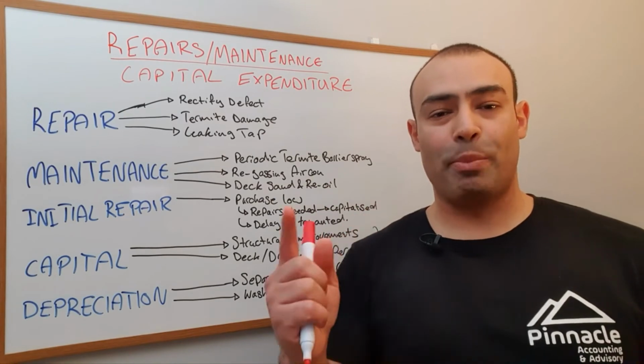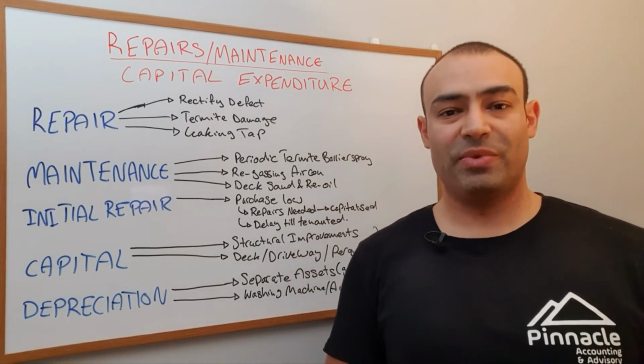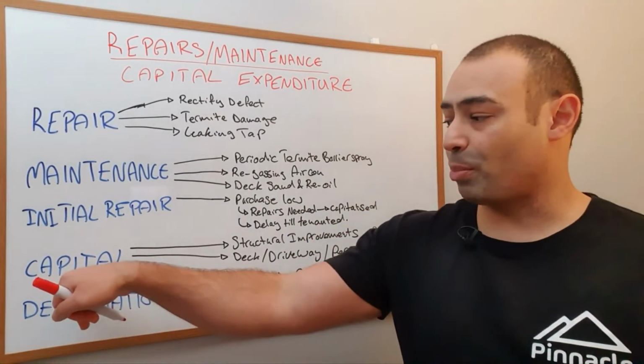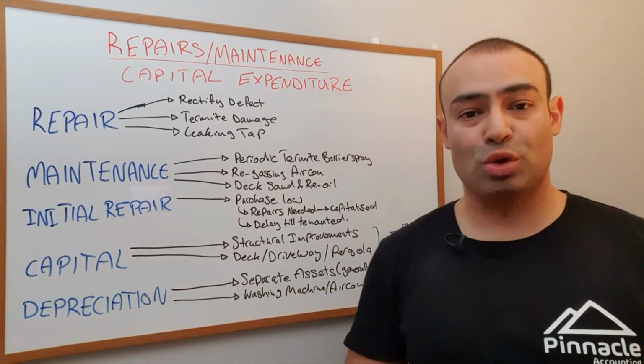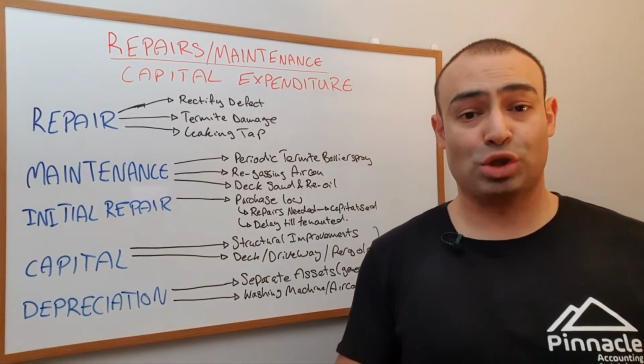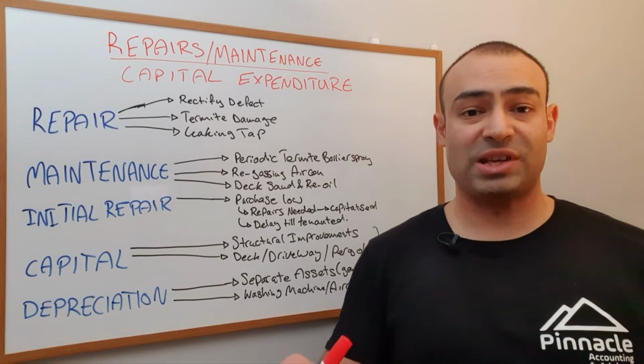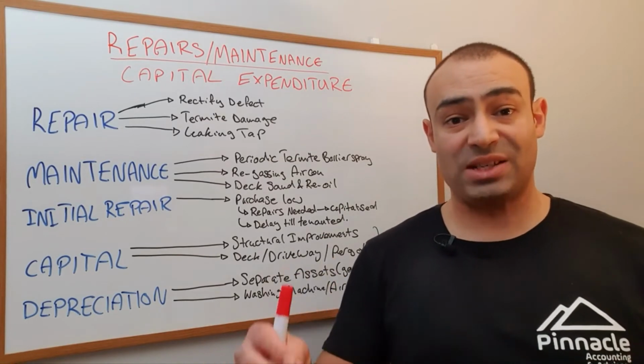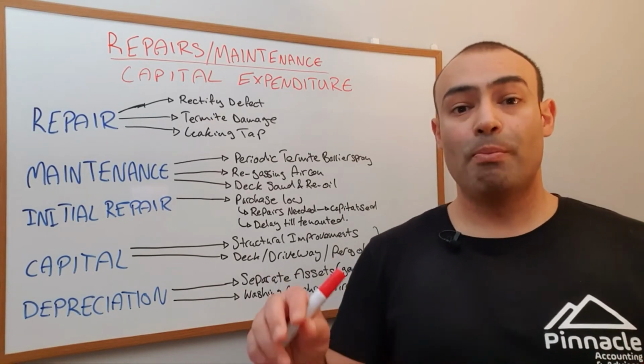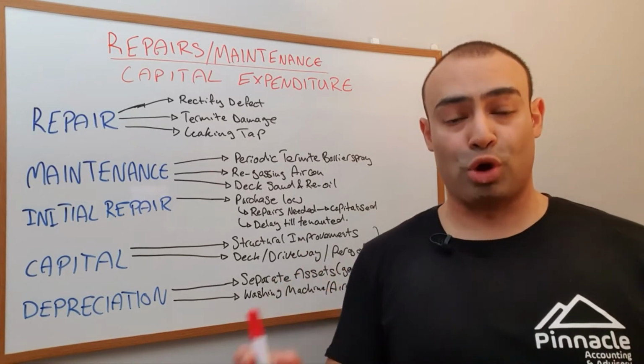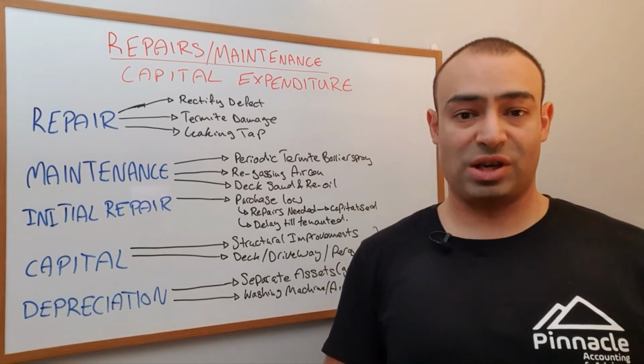Number 4, capital expenditure. What is it? Well, capital expenditure relates to an actual structure, putting in a new asset. For example, a driveway, that is capital in nature. Putting in a new deck or a pergola, that's capital in nature.